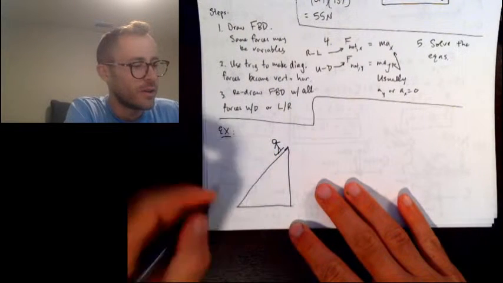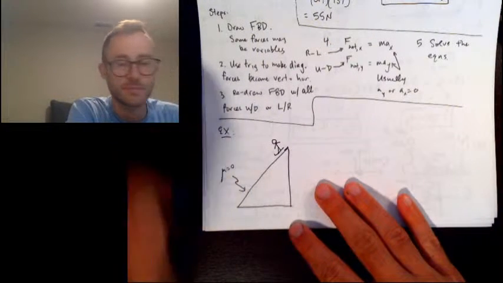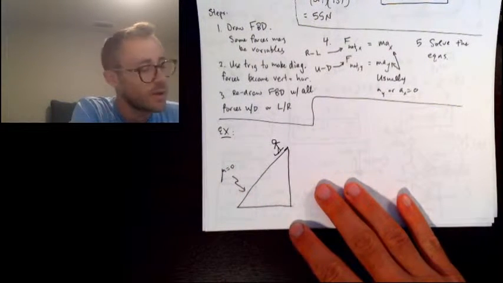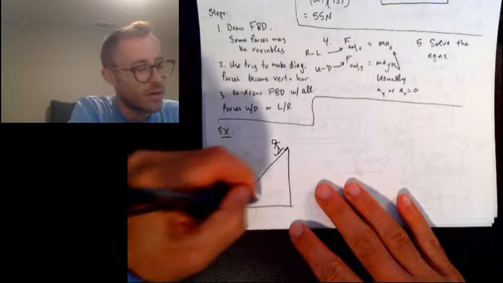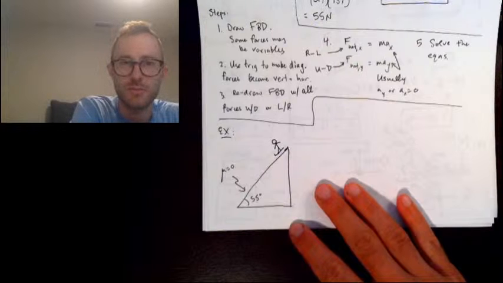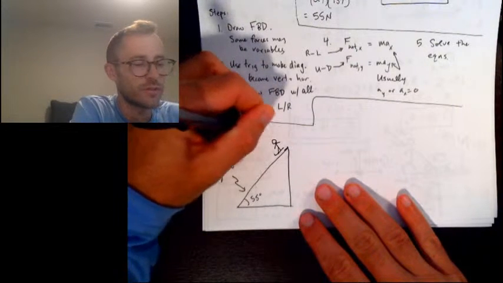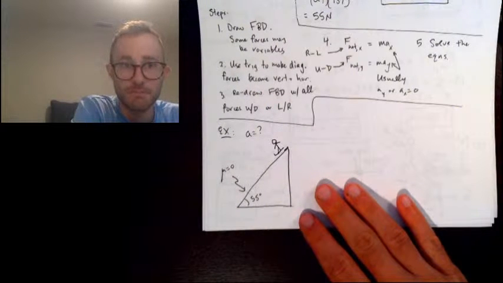A skier is on a frictionless slope with an angle of 55 degrees. So it's a pretty steep slope. And we want to know, what is the acceleration of the skier down the slope?